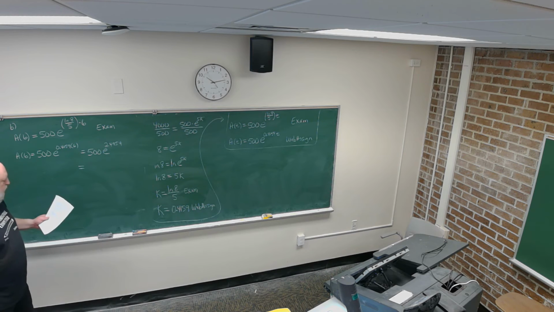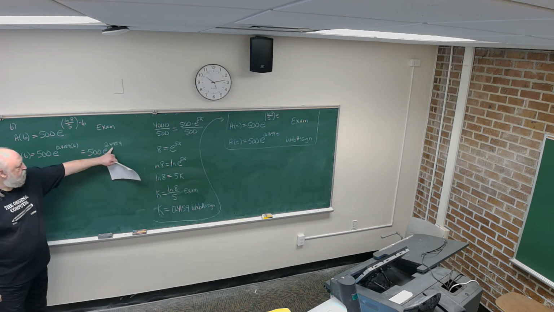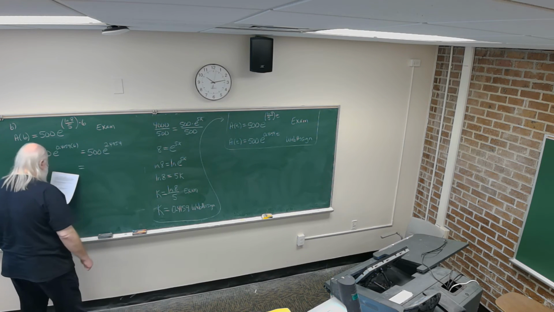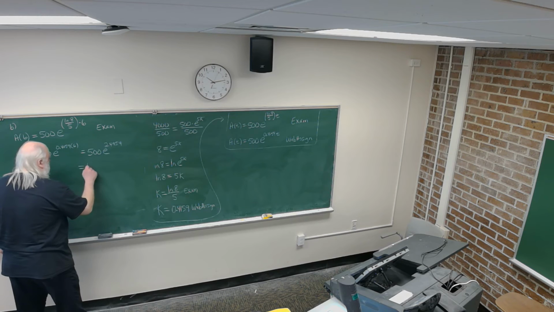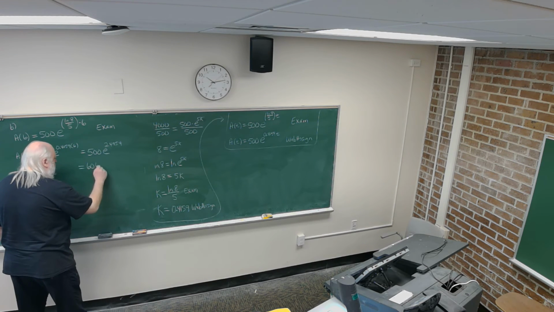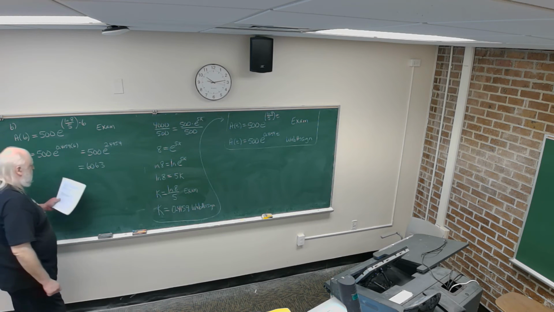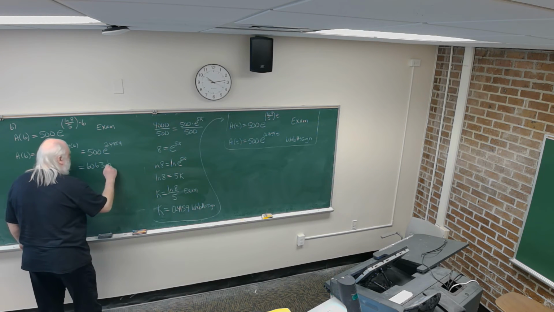So when you multiply E raised to the 2.4954 power by 500 and round to the whole integer, right? Because you can't have a fraction of a bacteria. Okay? You get 6,063 bacteria after 6 hours.